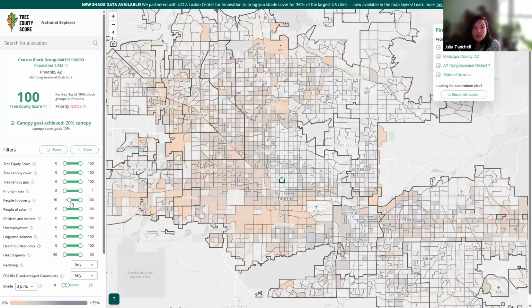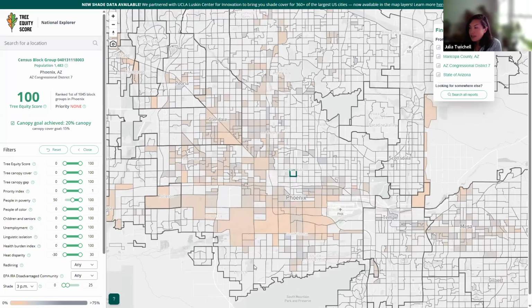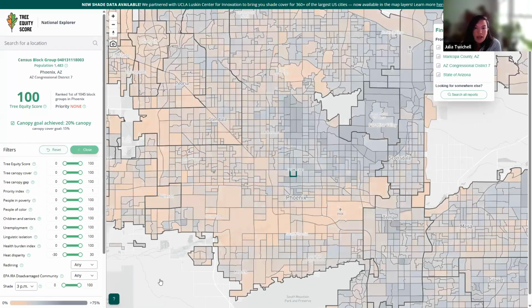So if you want to, for example, target any areas that are majority or above 50% poverty rates, you can really start to narrow down to those areas of the city for your prioritization work and thinking about where shade solutions can have the most impact. I'm going to reset that.